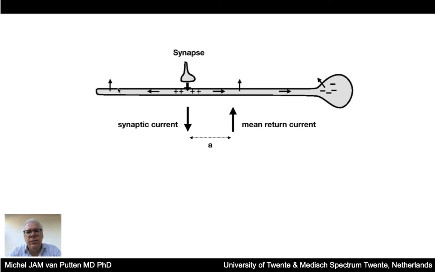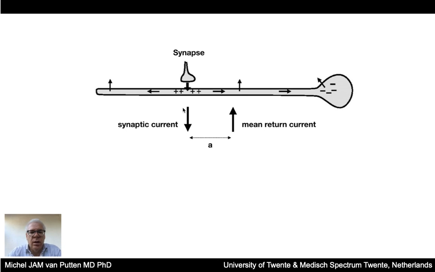And as the outflow is typically not completely symmetrical with the inflow, we can define a mean return current of the outflow. And that is typically at another position than the synaptic current. And in this way, we essentially create a small current dipole.